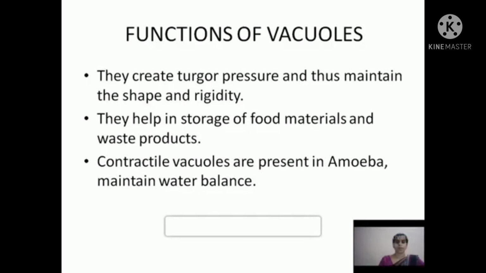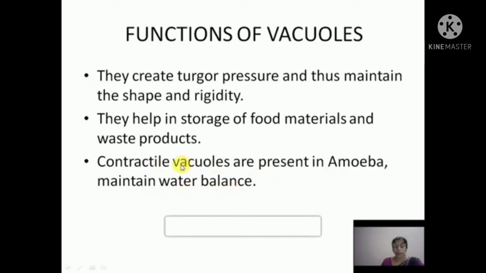And the second one, they help in storage of food materials and waste products. These vacuoles store the food material and also the waste products. And next, contractile vacuoles are present in amoeba to maintain water balance.